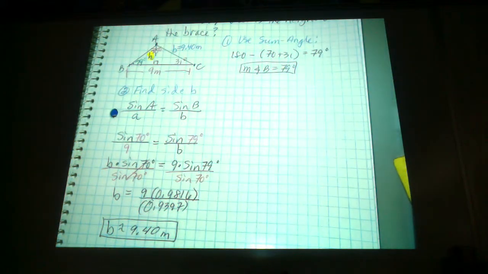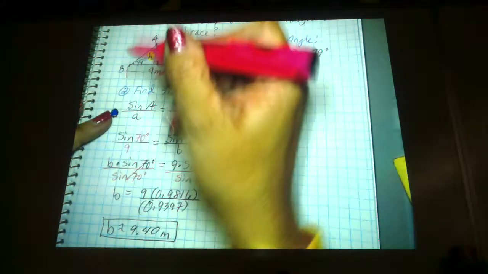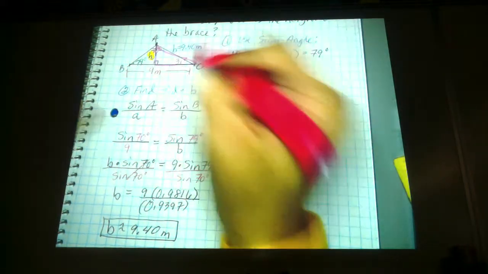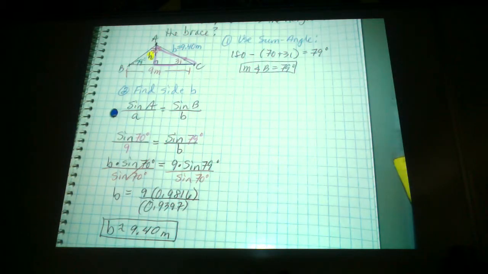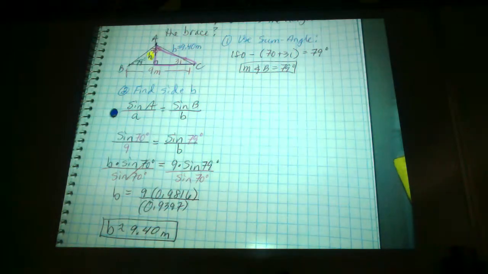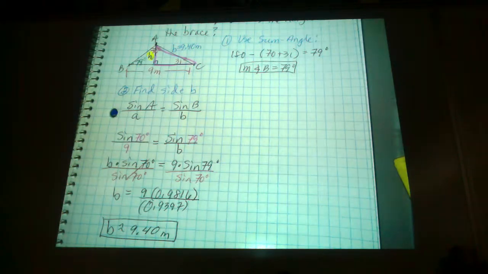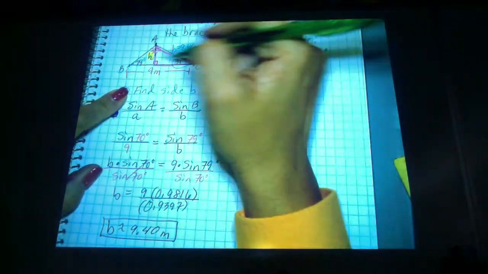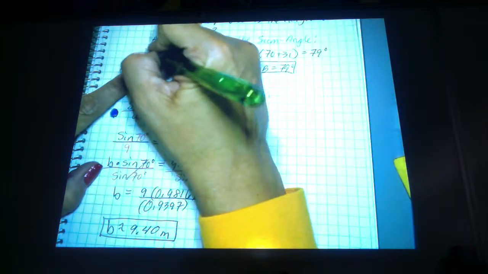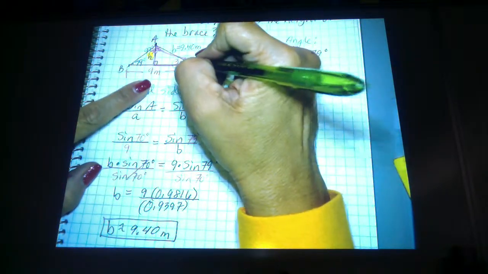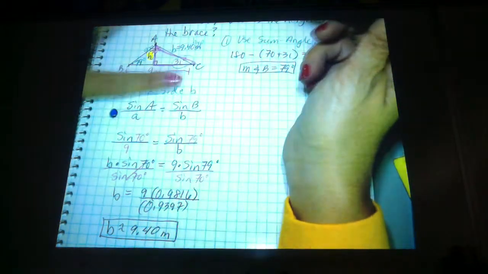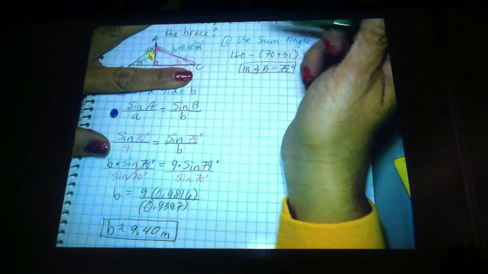So now look at this triangle right here. On this triangle, I happen to know that this is my degree of reference. I'm trying to find H, which is side opposite, and I know this side, which is the hypotenuse. The 9 only belongs to the big triangle.